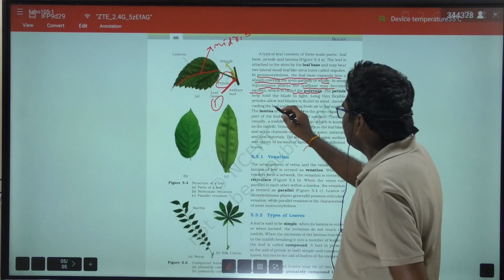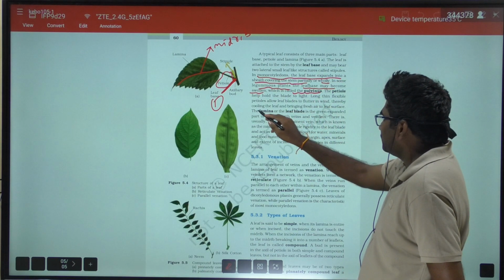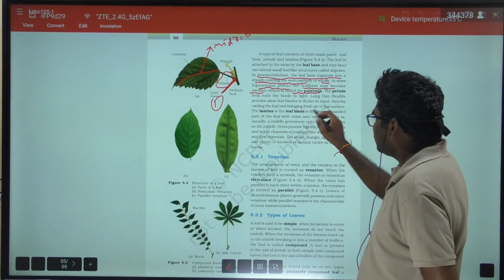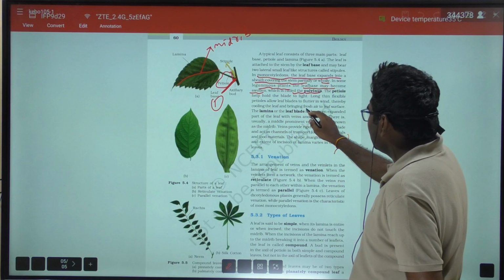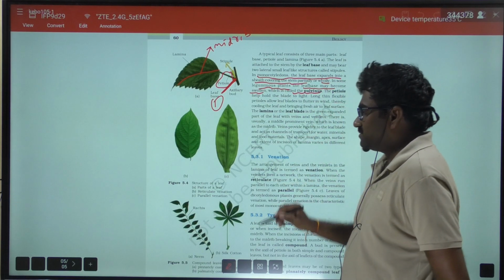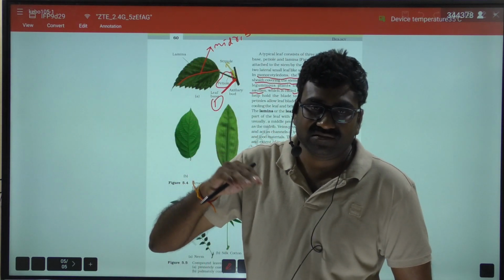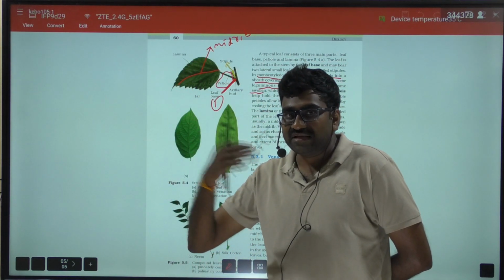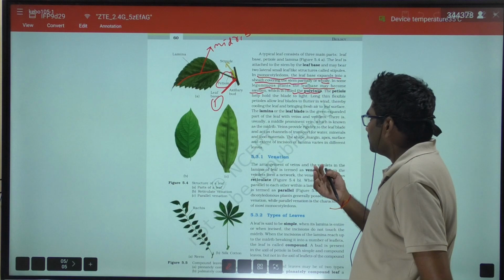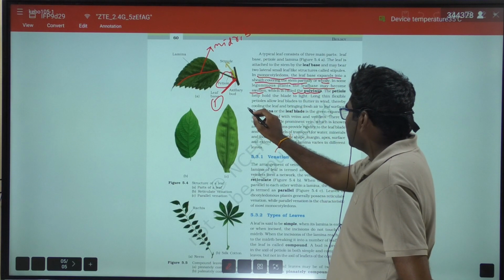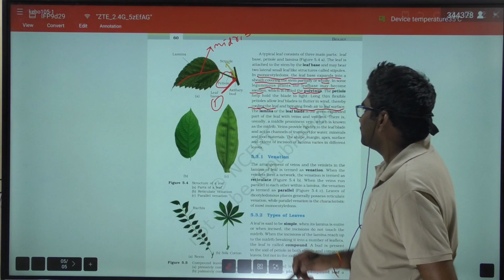Okay. The petiole helps hold the blade to light. A long, thin, flexible petiole allows leaf blades to flutter in wind, thereby cooling the leaf and bringing fresh air to the leaf surface.